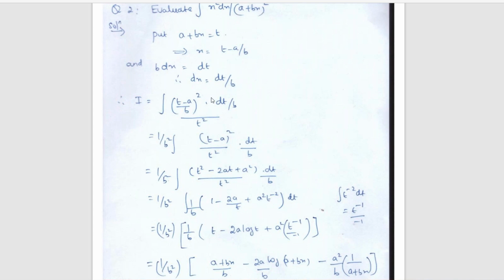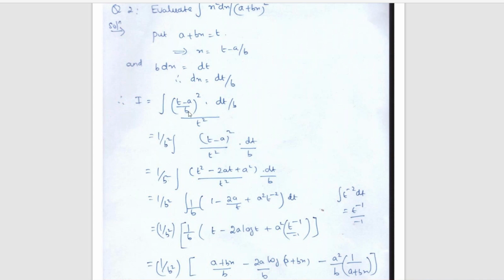What is a plus bx? It is t. So you'll be getting t square in the denominator. dx is dt by b. Take 1 by b square outside since it's a constant. So 1 by b square integral (t minus a) the whole square divided by t square, dt by b.